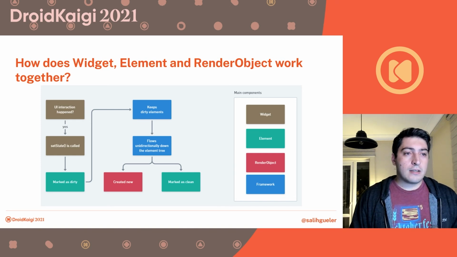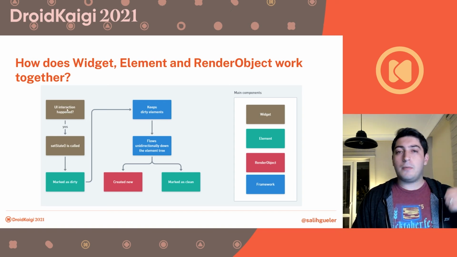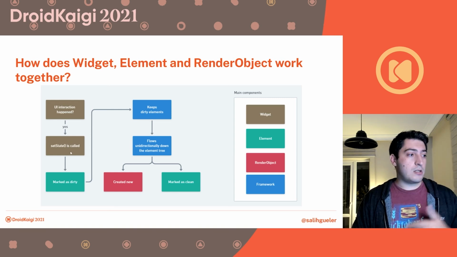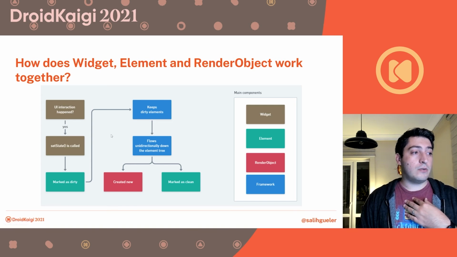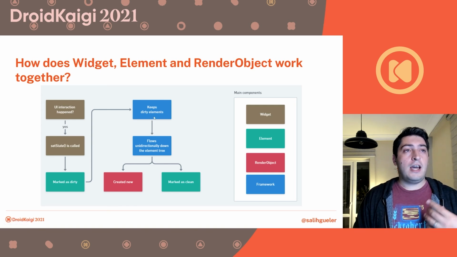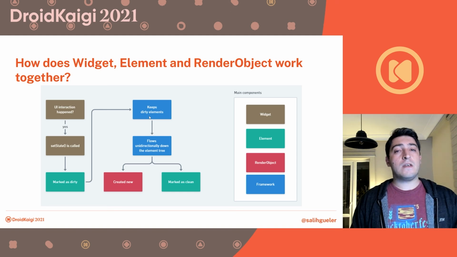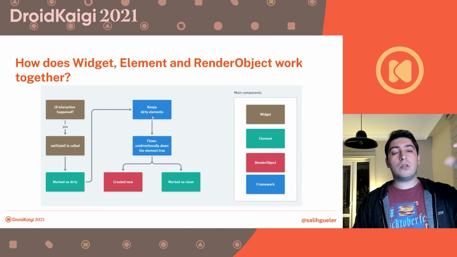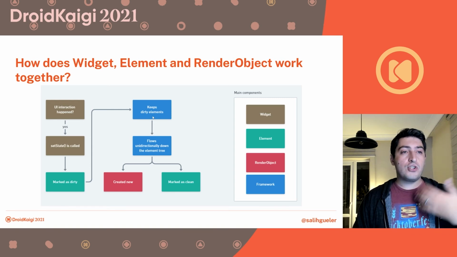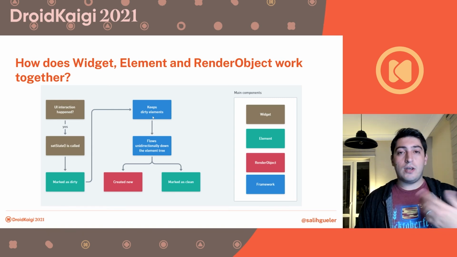You can see that first the UI interaction is happening. After the UI interaction happens, like someone clicking on the button, then setState is called. This is a function to recreate the page again. Then element itself is marking itself as dirty, and the framework has a list of dirty elements. It says, okay, I will go through all of these and check out the dirty ones and make the proper changes to recreate themselves.